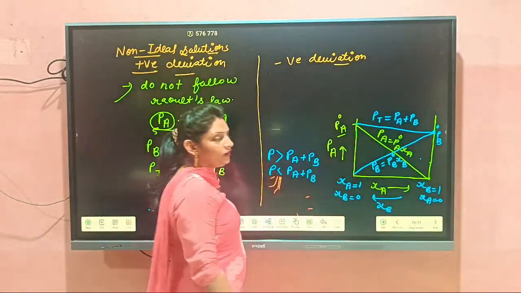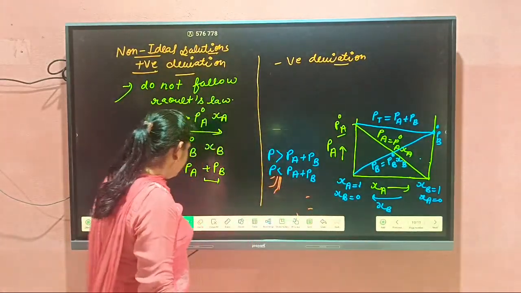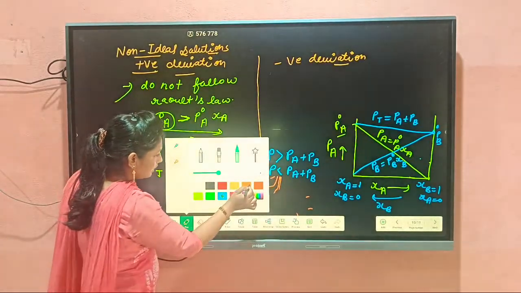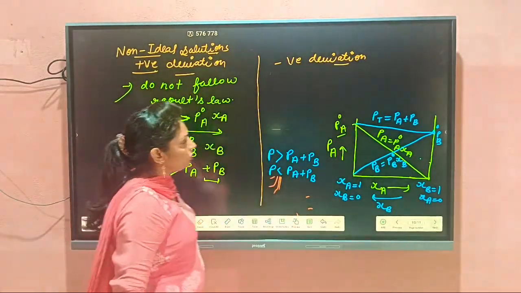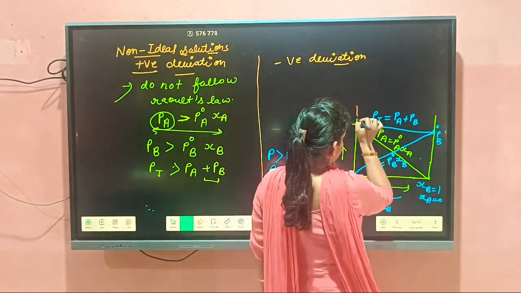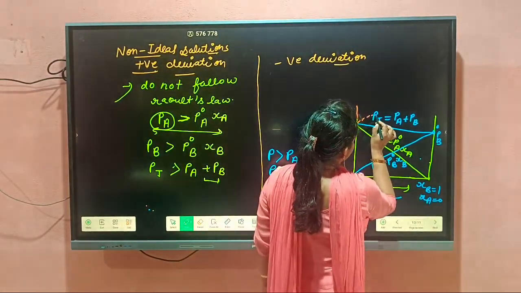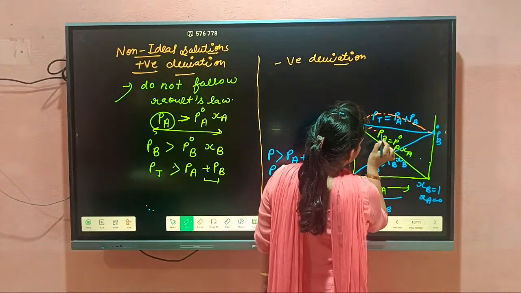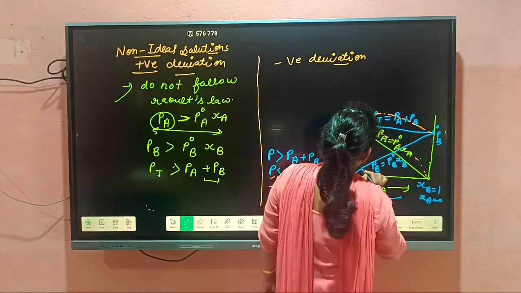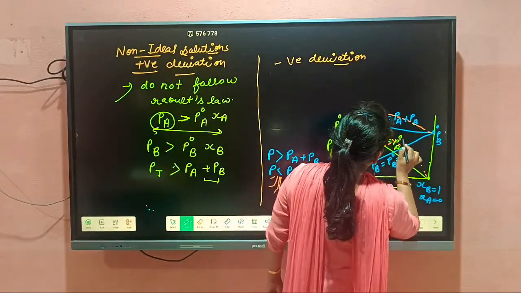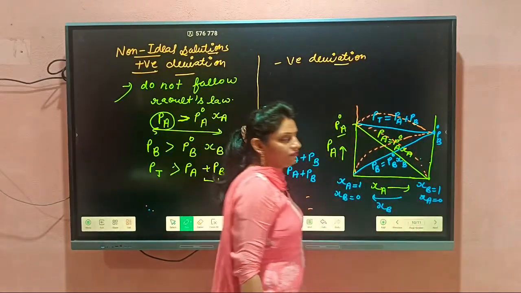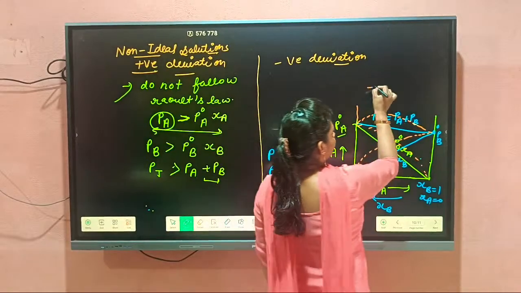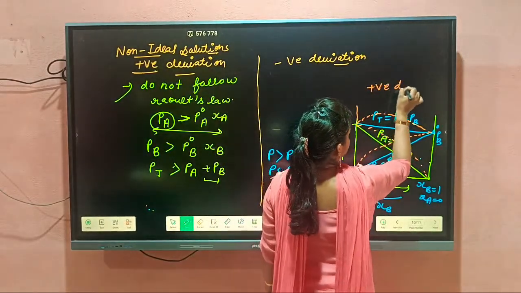So what type of graph will we get in case of positive deviation? We will get this type of graph. It will be positively deviated. In this way, we will get the graph in case of the positive deviation.